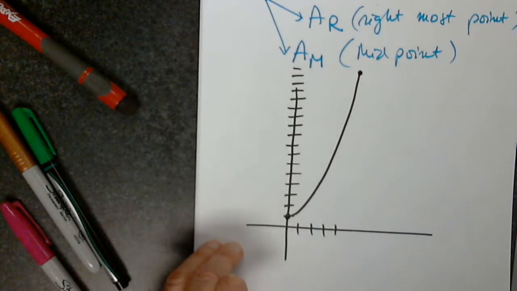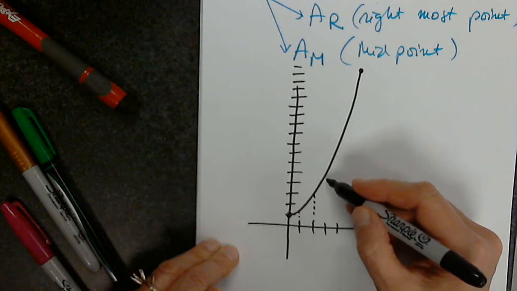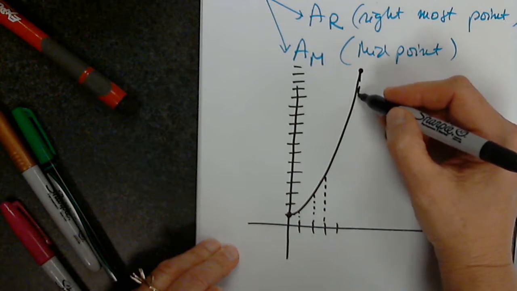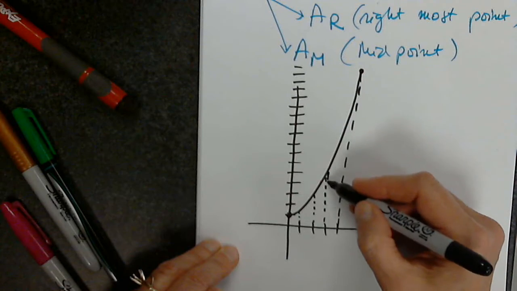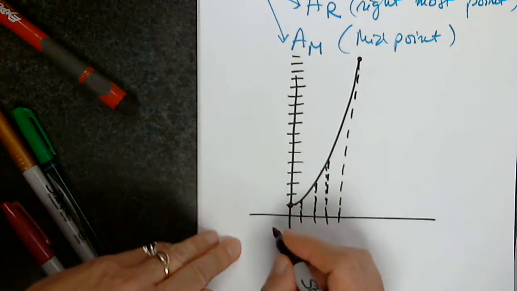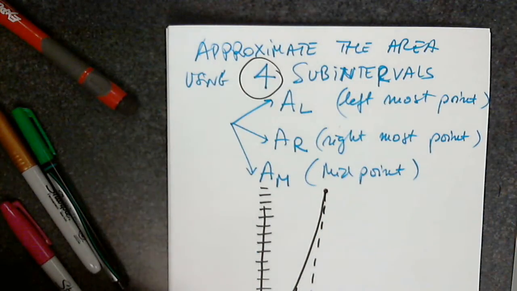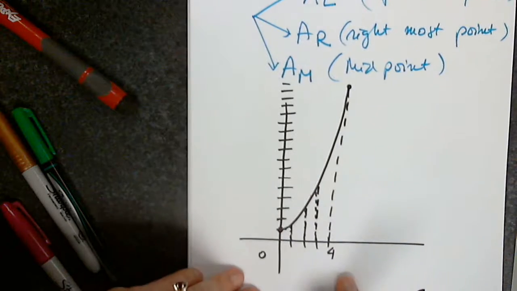This is the graph. And I'm going to divide the interval 0 to 4, as I was told, using 4 equal subintervals.